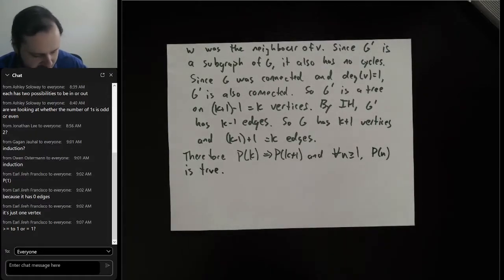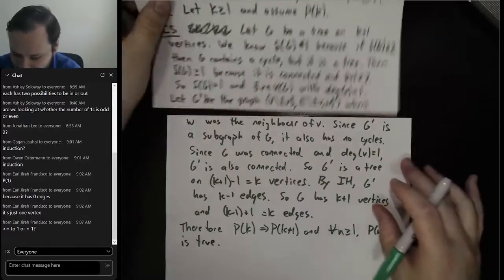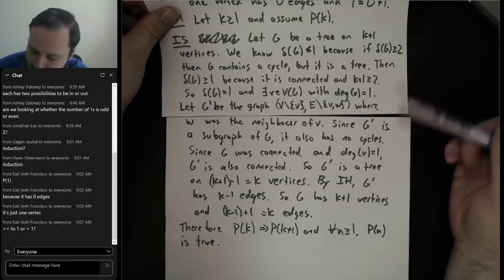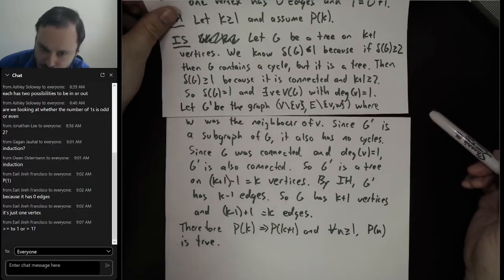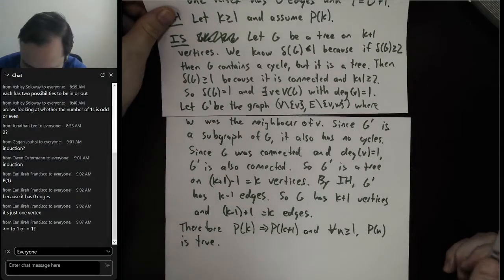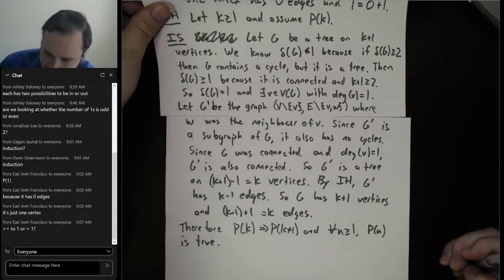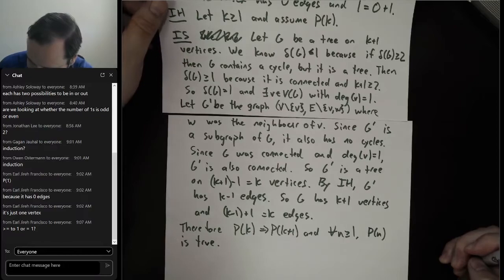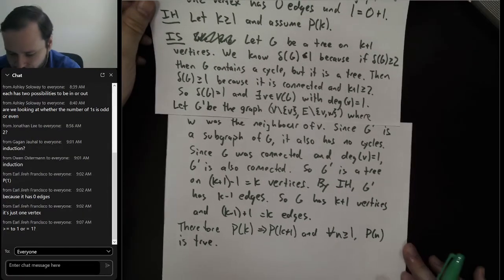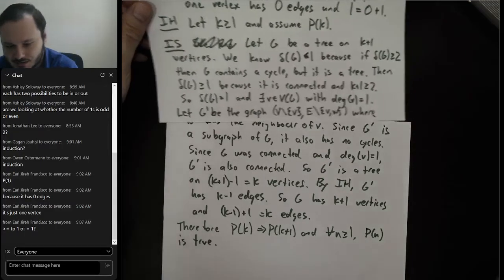So we had this really key idea. I know I can't have a cycle, and if my minimal degree was always at least 2, I would have a cycle. So I have this vertex of degree 1. I have this leaf on my tree that I can pull off. And that is indeed what we call a vertex of degree 1 in a tree.